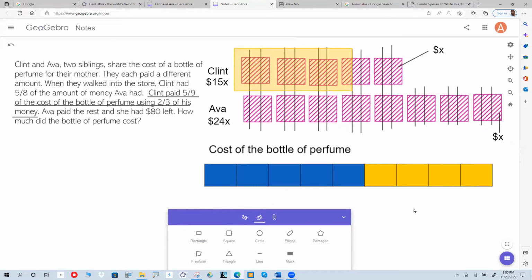Why? He altogether had 15 X's, and 2/3 of 15 is 10. So each strip or sliver of a square represents X. I have 10 X's here. I have to divvy up 10X among 5 of the blue rectangles, and that's not too difficult. 2X per box.